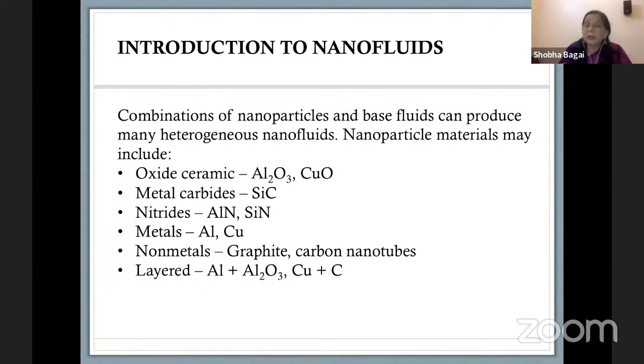Non-metals include graphite, and carbon nanotubes have a huge application, in fact. You could also have layers, a layer of a metal and an oxide, a metal and a carbide, and so on and so forth.